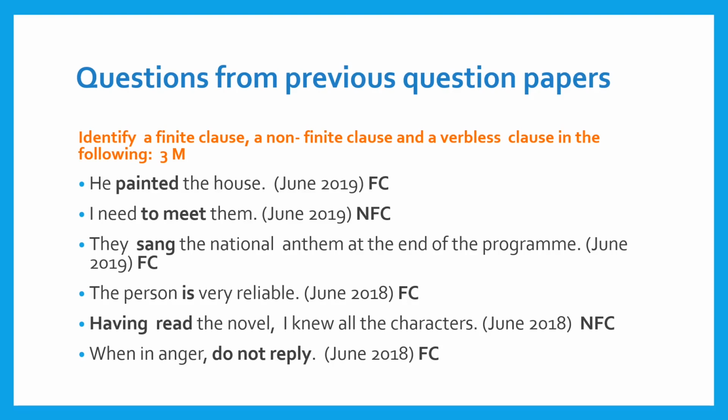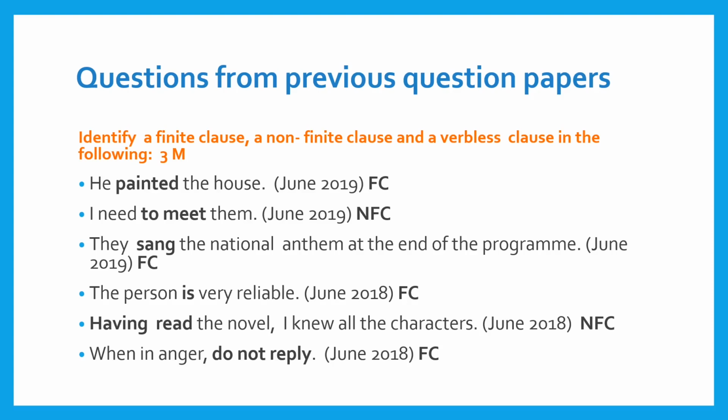The first one, he painted the house. Now, I do understand it is a finite clause. That's why I have indicated it with FC, finite clause, because it's a finite verb which is being used there. Look at the second example. I need to meet them. What is to meet? It is a non-finite verb being used in the sentence. So, therefore, this is a non-finite clause.